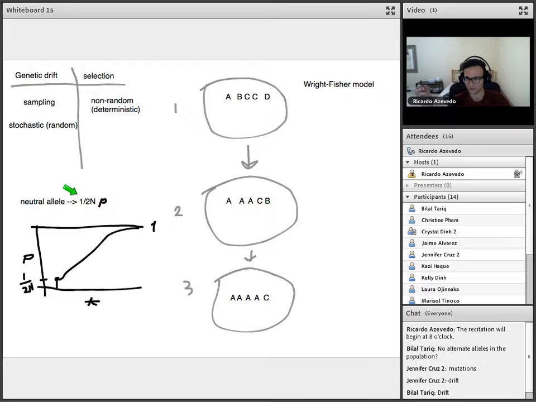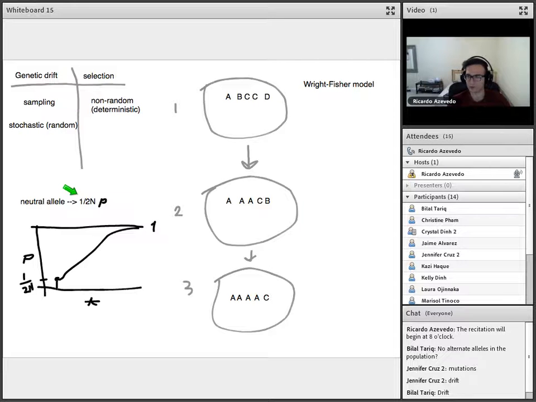Jennifer and Bilal both correctly pointed out it's going to be drift. Why is that? Because it's a neutral allele, so it's neither deleterious, certainly not lethal, and it's not beneficial, right? So selection has no stake in this allele spreading in the population. It's a toss-up as far as selection is concerned. But drift can result in the fixation.